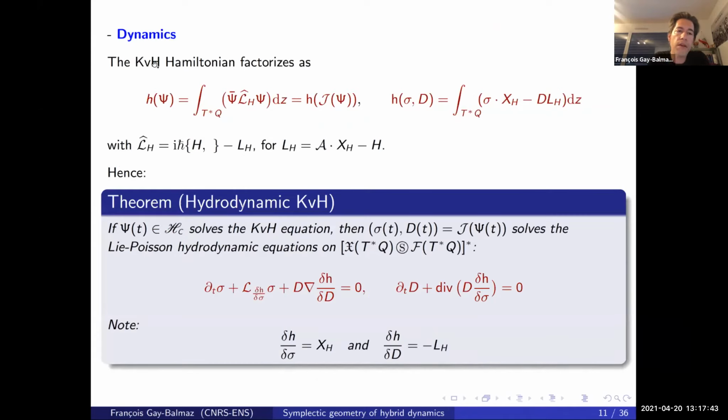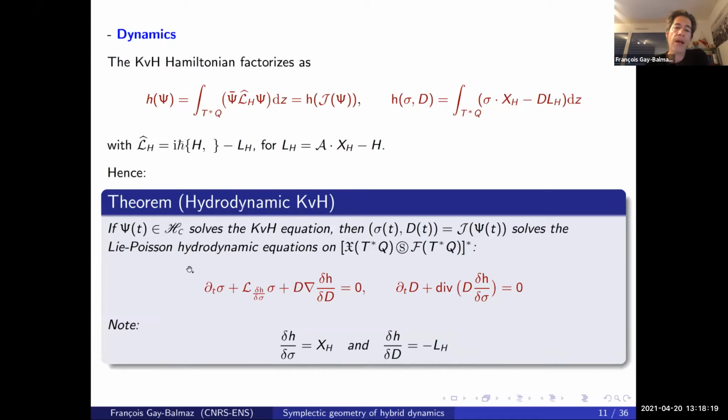We can write the KVH Hamiltonian in terms of the momentum map by using this Hamiltonian here, which depends on the momentum and the density in this way. So that's a very natural expression, right? Because the first term is the momentum multiplying the Hamiltonian vector field, and the second term is the Lagrangian multiplying the density. So almost the simplest Hamiltonian that you could construct from the important objects of the KVH equation.